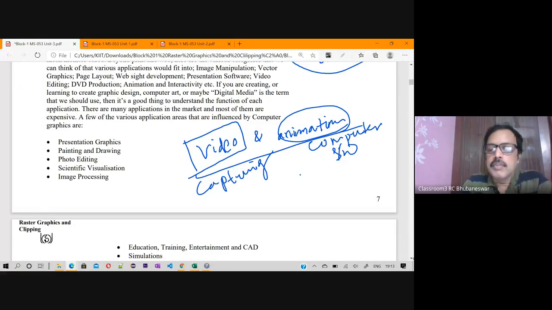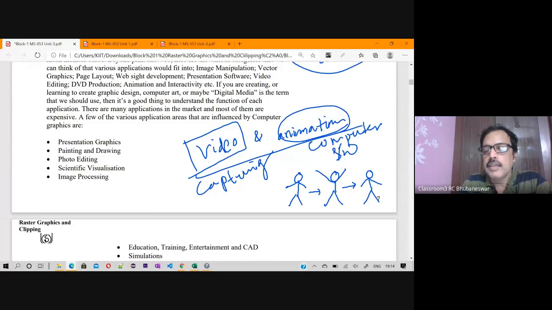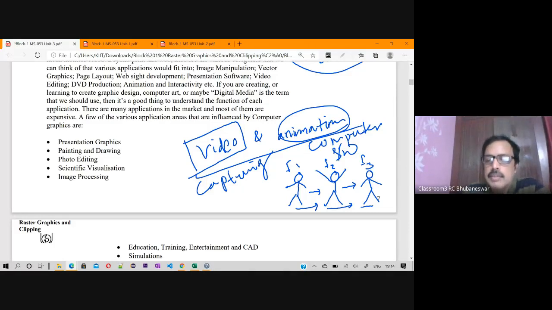If I draw one frame like this, in another frame I draw like this, and in the next frame like this, and if I run this, then this, then this, it feels as if someone is moving. So this is frame 1, this is frame 2, this is frame 3, and all the frames run in a second. Okay. What is the meaning of 33 FPS? Any idea?